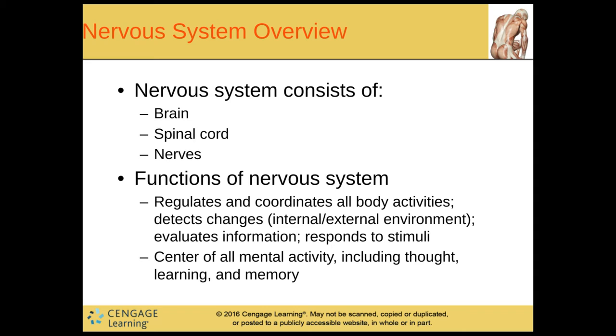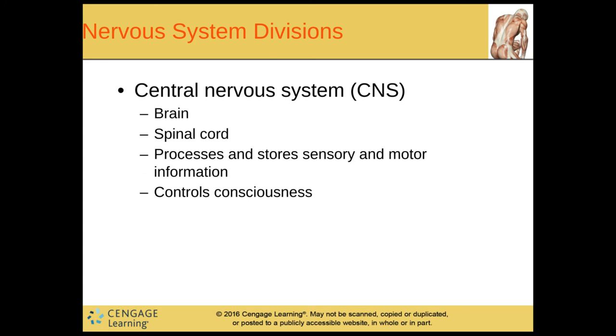So the function of the nervous system is it helps to regulate and coordinate all of the body's activities. It can help detect changes, either internal changes or external changes to an environment, right? It evaluates information and it responds to stimuli. The center of all mental activity, including thought, learning, and memory, involves the nervous system.